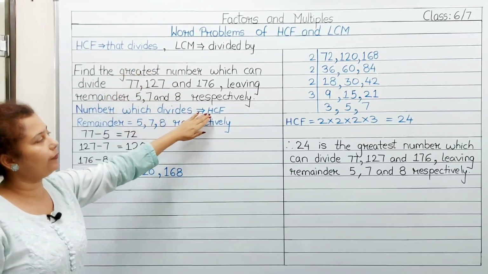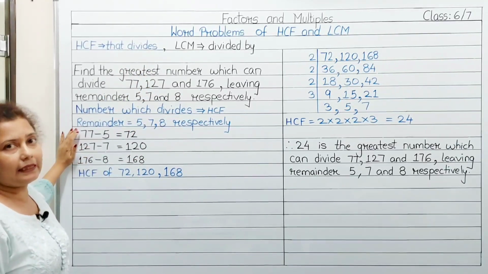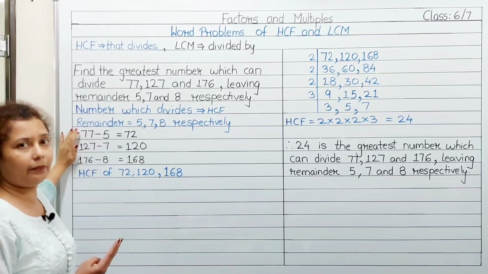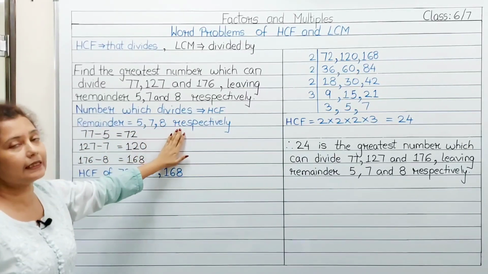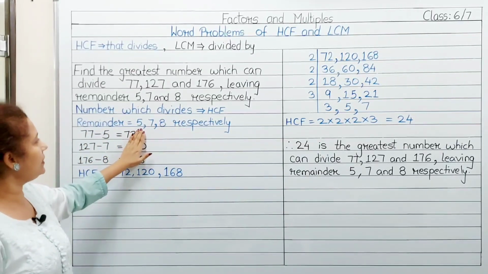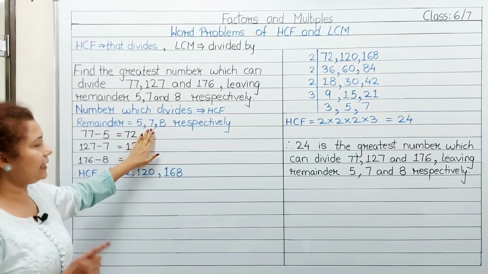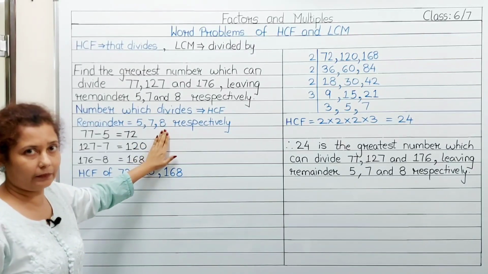That means we have to find HCF. Now here remainder is given, but here single remainder is not given, but 3 remainders are given to us, 5, 7 and 8 respectively. That means we have to subtract 5 from the first number, 7 from the second number and 8 from the third number.